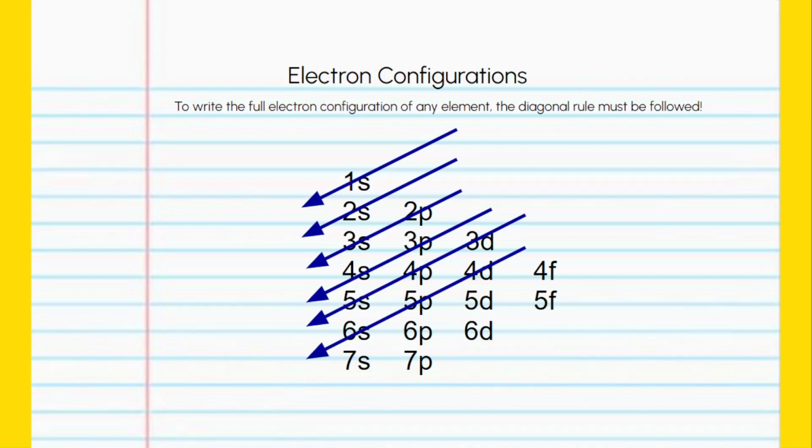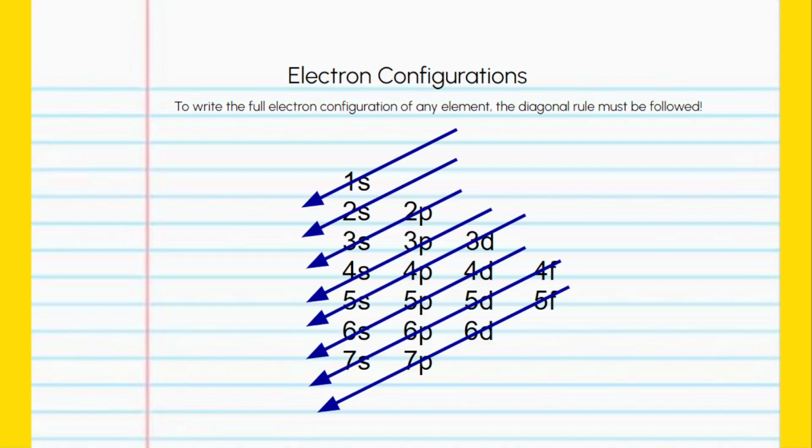Next one would be 4d, 5p, 6s, and then 4f, 5d, 6p, 7s, and the last one, we have 5f, 6d, and 7p. As of right now, we only have 7p, and we don't have 8s because we don't have that many elements. But it could grow in the future.